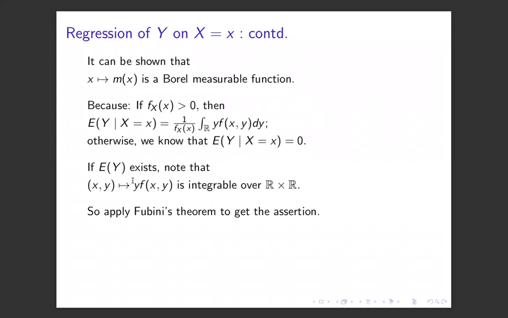Now, suppose you take the integral over x and then the integral over y. Or rather, in our case, let us say the integral over y first and then the integral over x. If you take the integral over y, then what you get, if the expectation exists, will be this. Once you do that, the resulting function is a function of x.